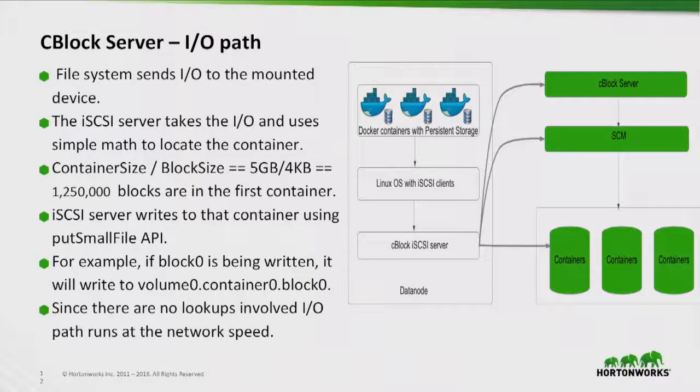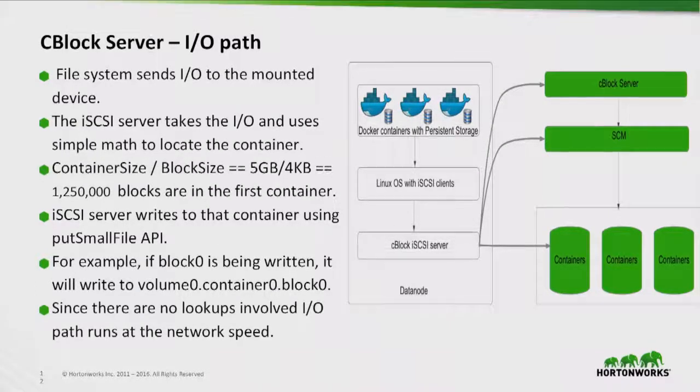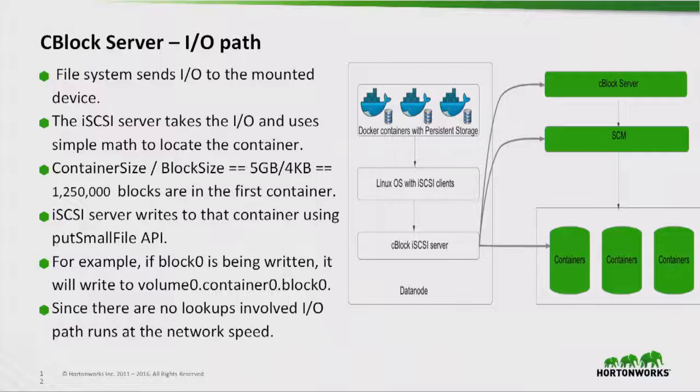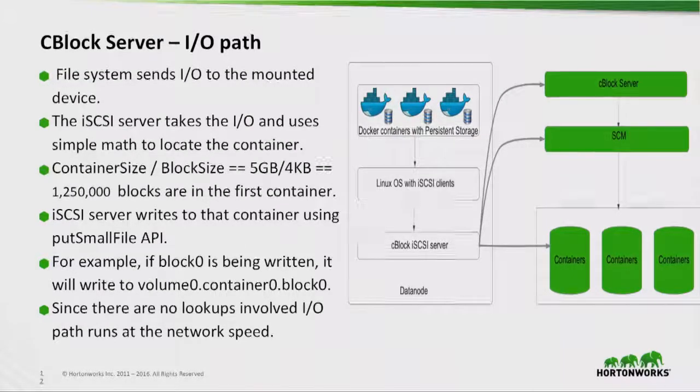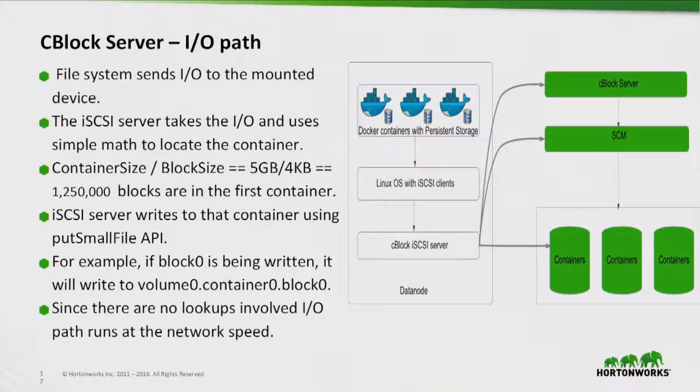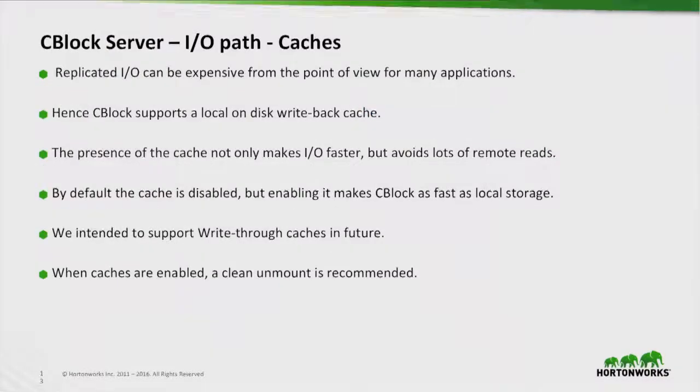And then the iSCSI server will directly read and write to the container using the container protocol without even needing to contact either the CBlock server or the SCM. So the I/O path is pretty much at network speed. There is no actual metadata lookup during the whole process.